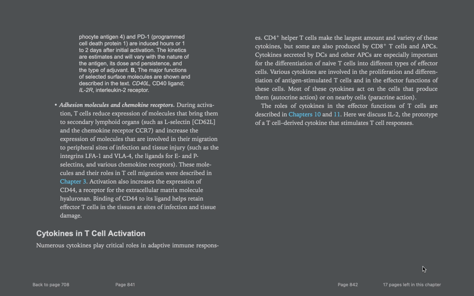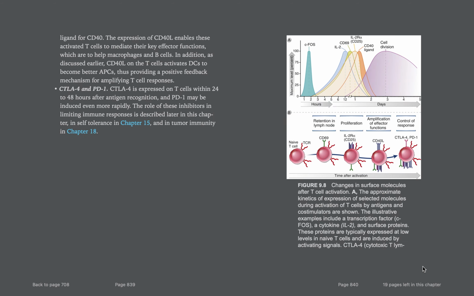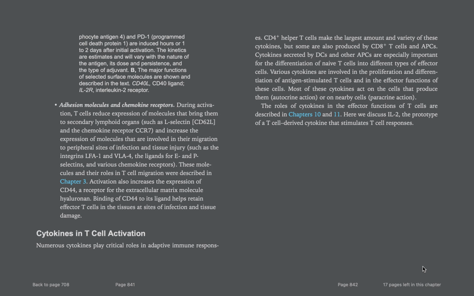The kinetic estimates will vary with the nature of the antigen, its dose and persistence, and the type of adjuvant. B, the major functions of selected surface molecules shown and described in the text: CD40 ligand, Interleukin-2 receptor. So let us continue.